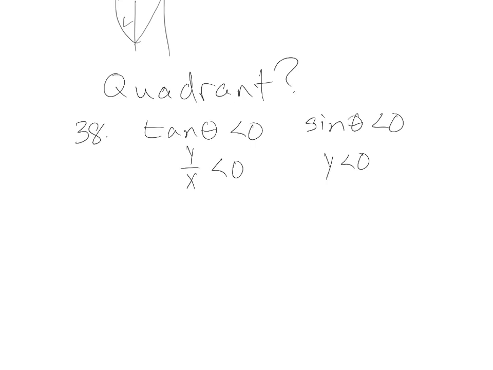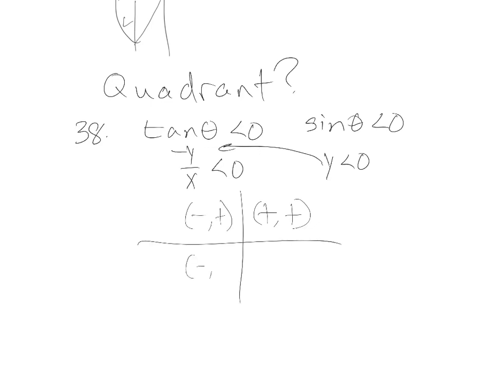It's negative. So if it's negative, then y is negative and x is positive. Both are positive in the first quadrant. X is negative in the second quadrant. They're both negative in the third quadrant. And in the fourth quadrant, y is negative and x is positive. You are in the fourth quadrant, people.